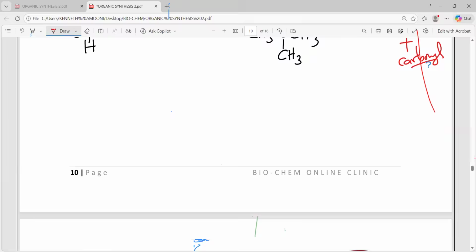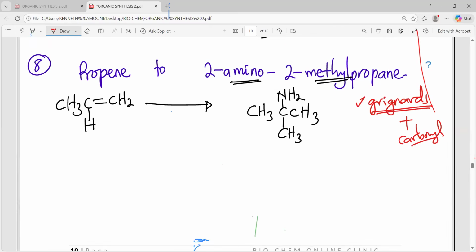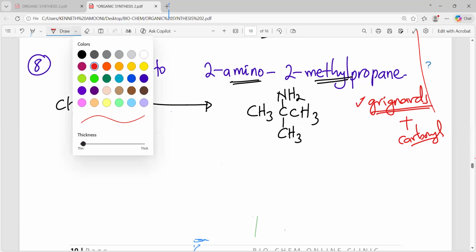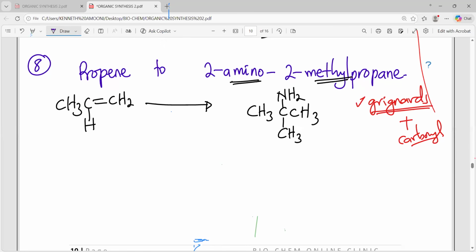So what are we going to do? So from the alkene, we can synthesize a carbonyl compound. How do we do that? We first move to an alcohol. How do we move to the alcohol? By now you should be in position to remember the reaction of alkenes with acidified water gives us alcohols.